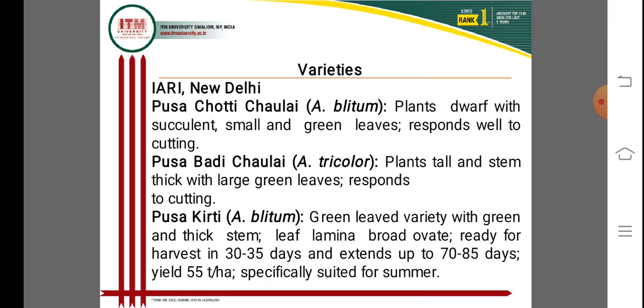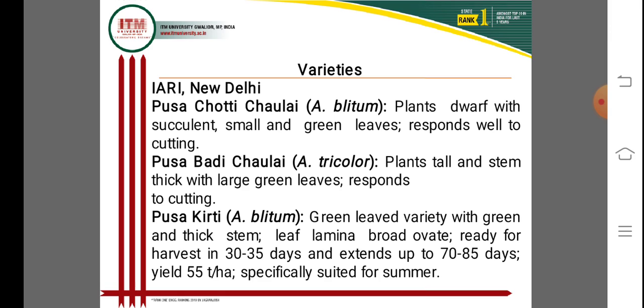The Amaranthus blitum species is very important nutritionally for the human body. The green-leaved variety has green, thick stems and broad ovate leaf laminae, ready for harvest in 30 to 35 days and extending up to 70 to 85 days, with a total yield of 55 tons per hectare, especially suited for the summer season.